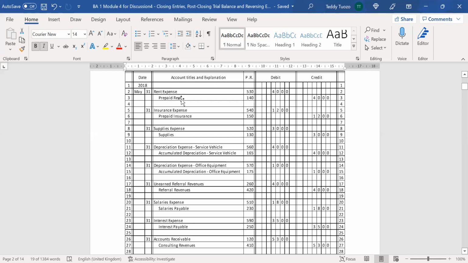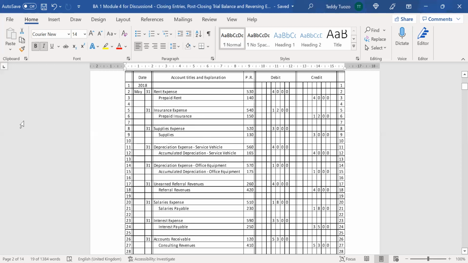So nag-increase ang expense, dili ang asset or liability, because the asset here is being credited. So dili siya mo-qualify. Ang expense ang nag-increase. The asset is reduced, no? Nag-decrease hinuon sa second entry.